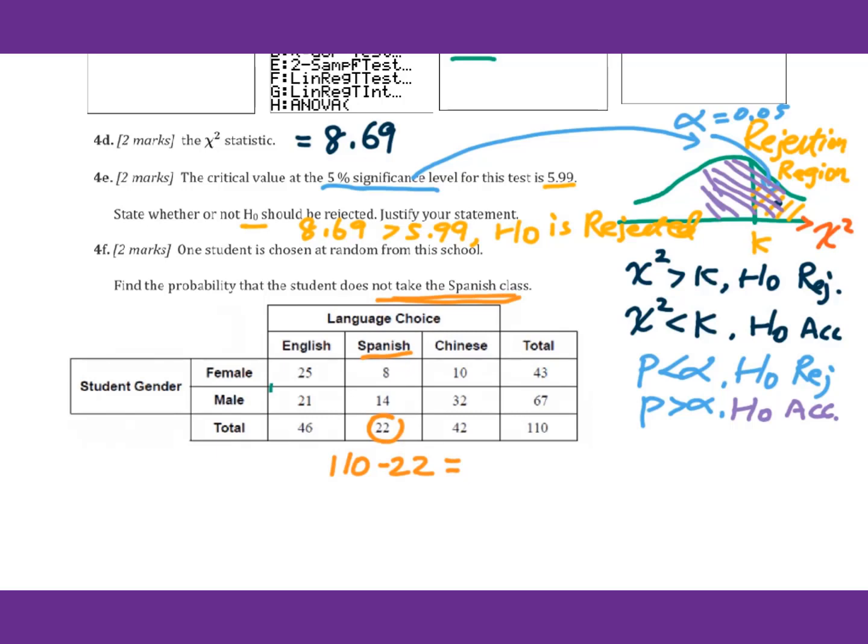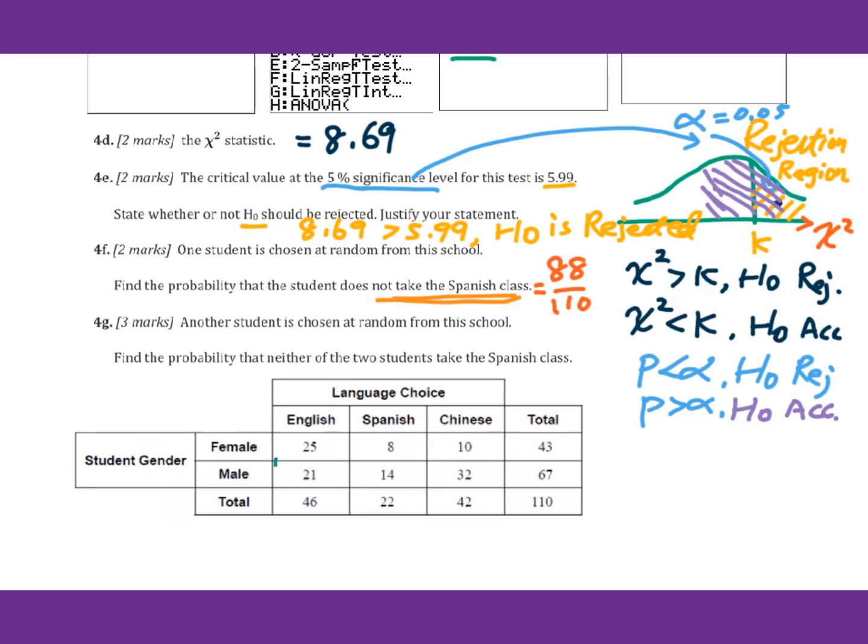Here's 88. So the probability you will get is 88 over 110.